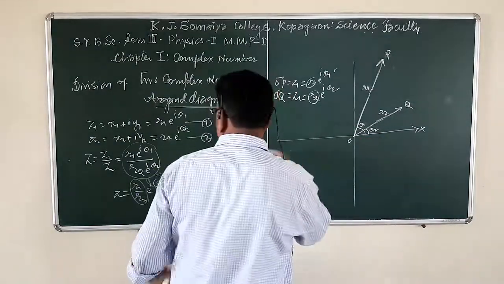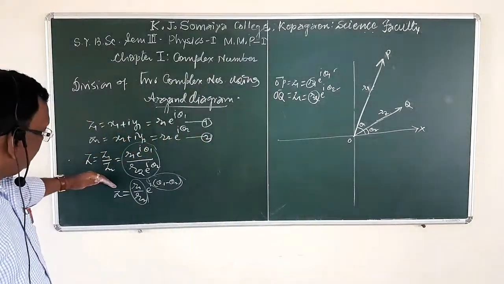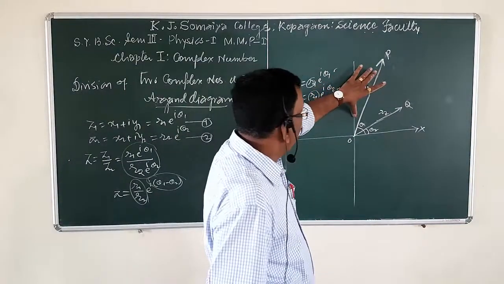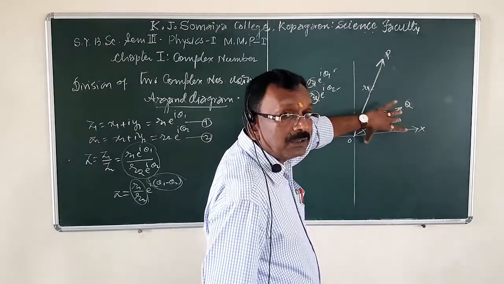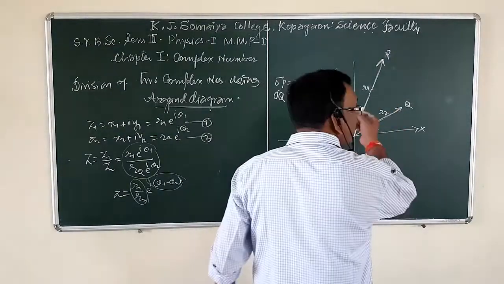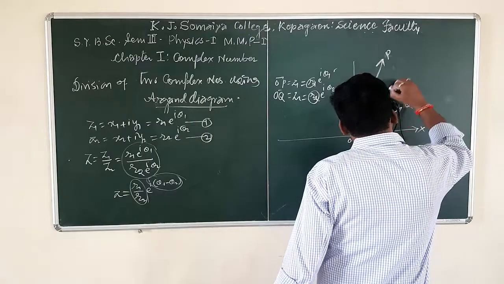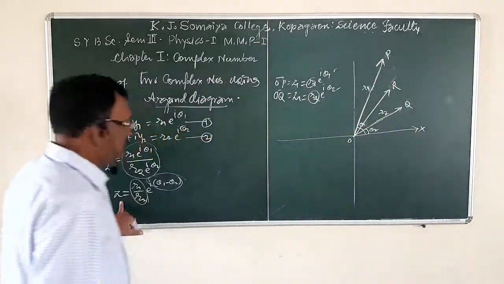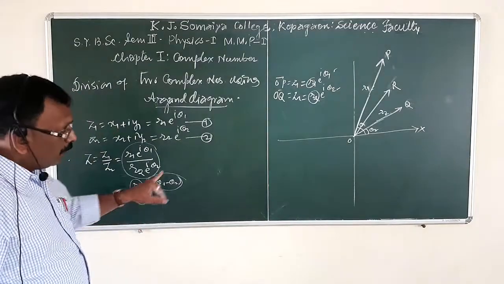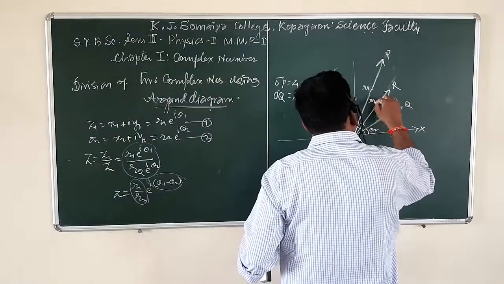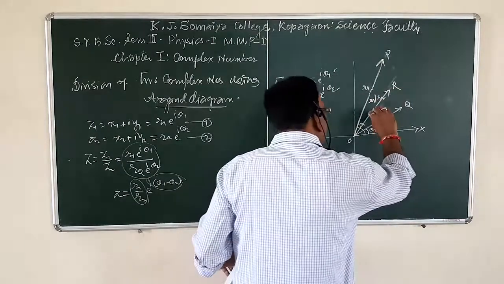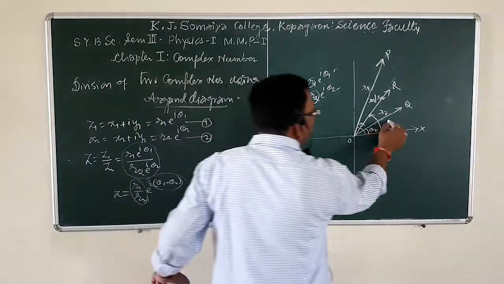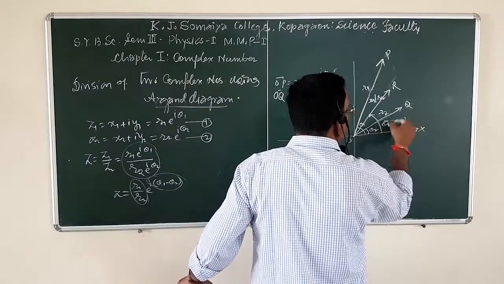After division, when we divide Z1 by Z2, we get r1 upon r2. Suppose this unit is 4 and this unit is 2, then we get the resultant 4 by 2, which is 2. This is the resultant vector R, whose modulus is r1 upon r2. And the angle made by this resultant R is theta 1 minus theta 2.